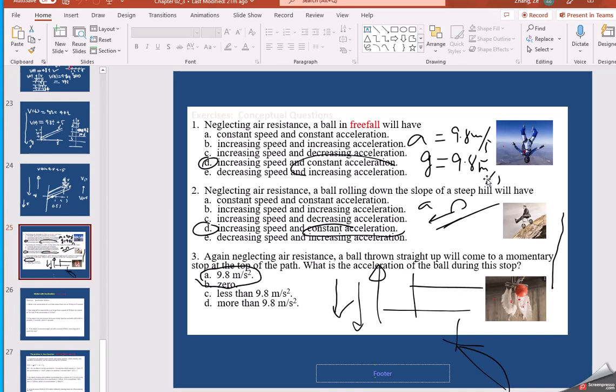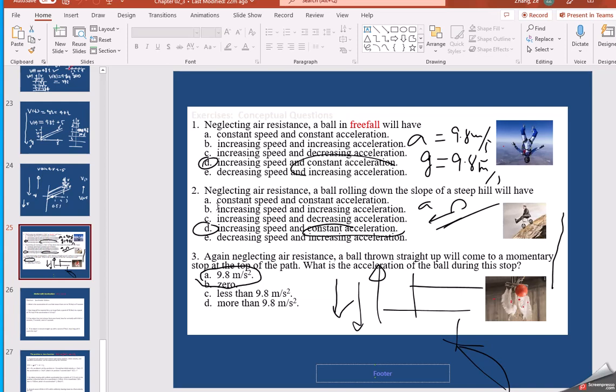Its velocity, or its speed, will increase downward each second by 9.8 meters per second. Each second. Therefore, it's 9.8 meters per second squared. Therefore, in this question, the correct answer is D, increasing speed and constant acceleration.